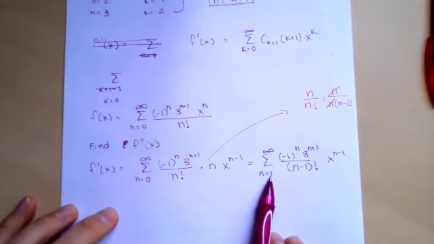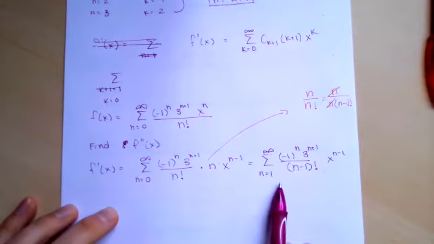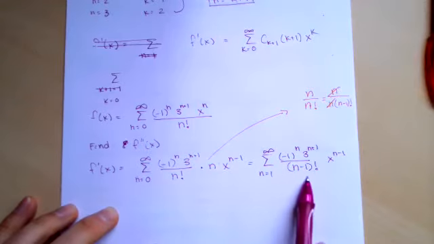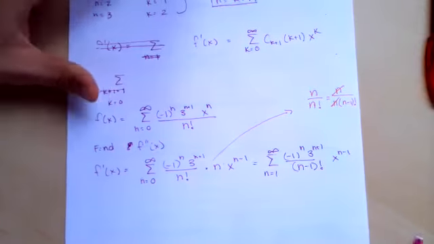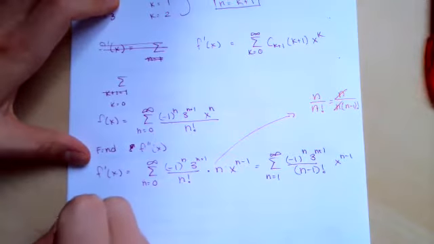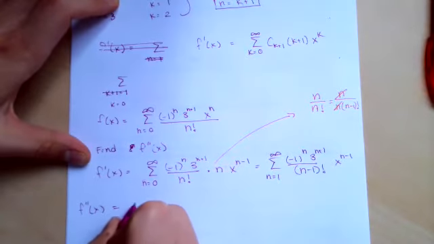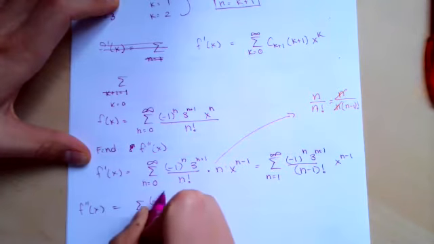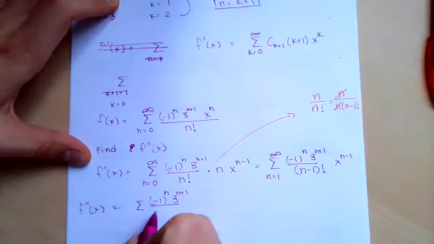And now it makes sense. When n equals 1, it'll be my x to the 0, so our constant term. And again, remember, 0 factorial is just 1, so this makes sense in the denominator. We're not dividing by 0 or anything there. And if we compute another derivative now, constants all remain.